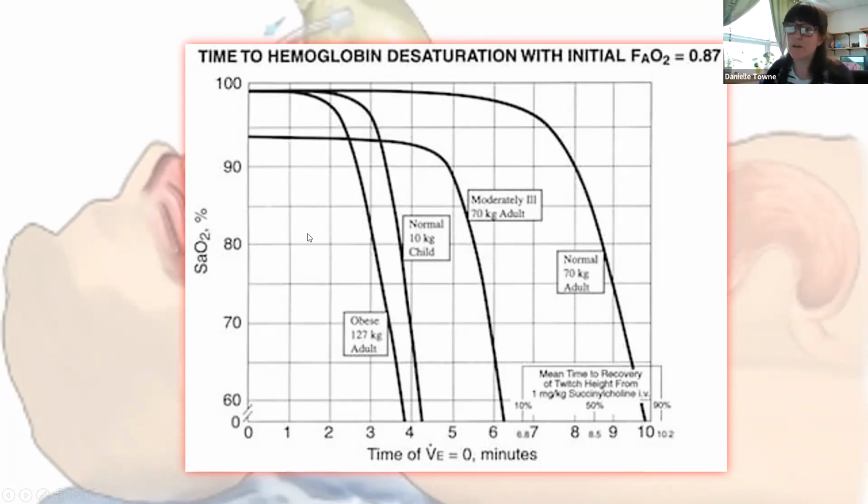And so that's why I said earlier, you want to determine what your lowest SpO2 is that you're comfortable with for that patient before you start the intubation attempt. If we're starting somebody at 100% and they drop to 92%, that might be okay while you're doing an intubation attempt. If you have somebody that's starting at 92% and they drop to 90%, that might not be okay, because once you get below 90%, they might rapidly start to decline.